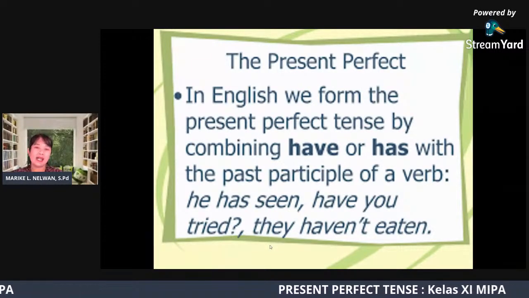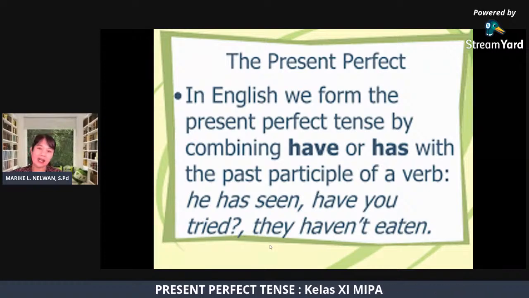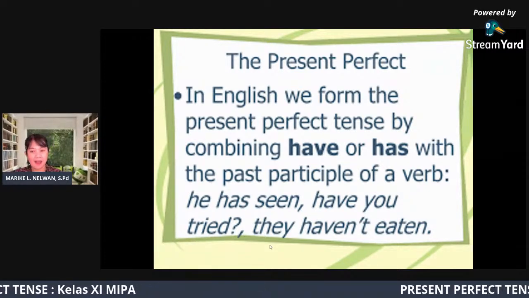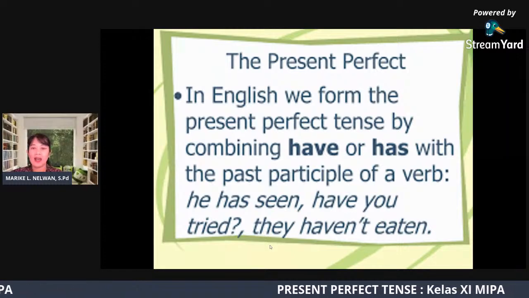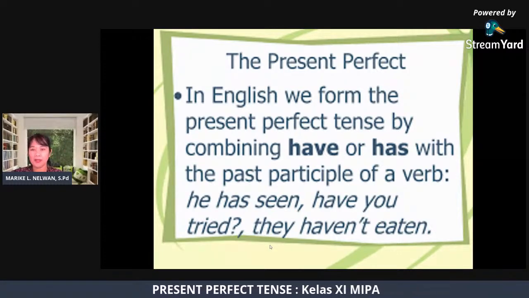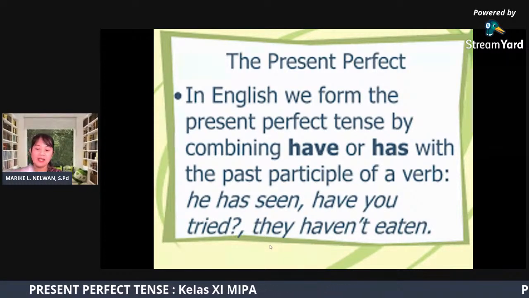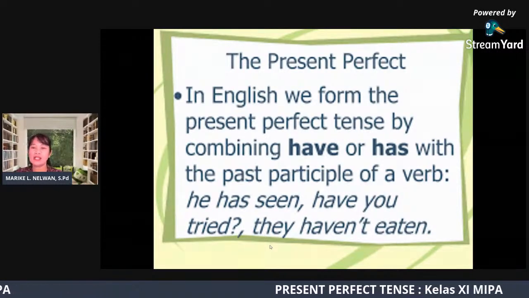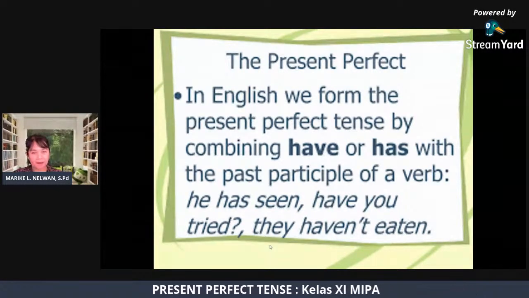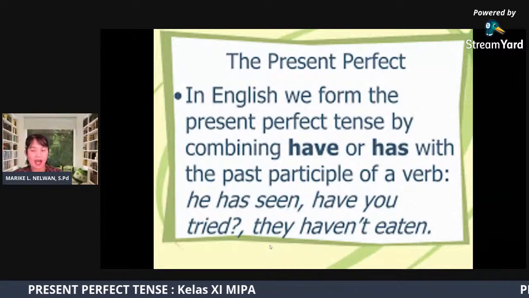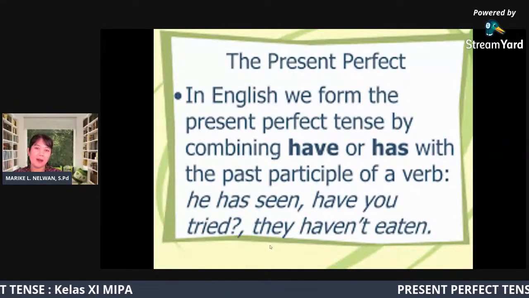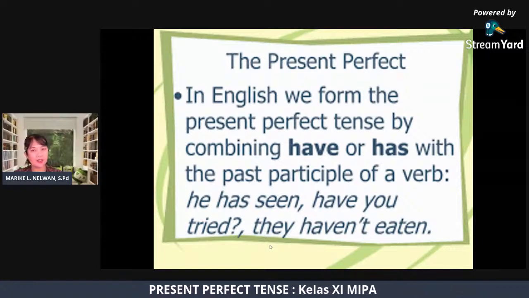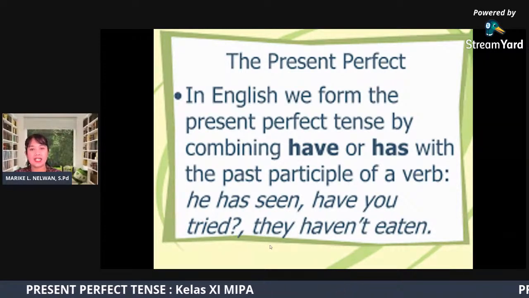Jadi, setelah subjek, kita akan mengikutinya dengan menempatkan have atau has sebagai helping words, sebagai kata untuk membantu menghubungkan kalimat yang akan kita buat. Setelah itu akan diikuti oleh past participle atau verb 3 atau bentuk kata kerja ketiga.